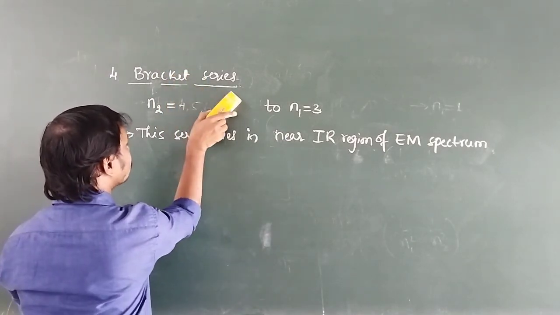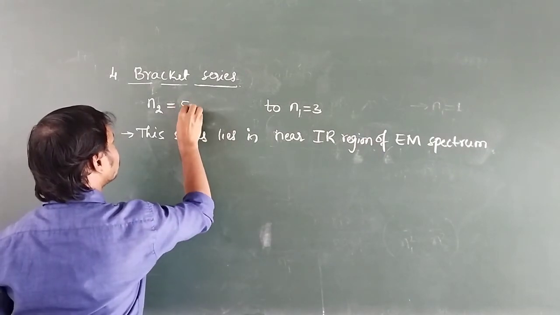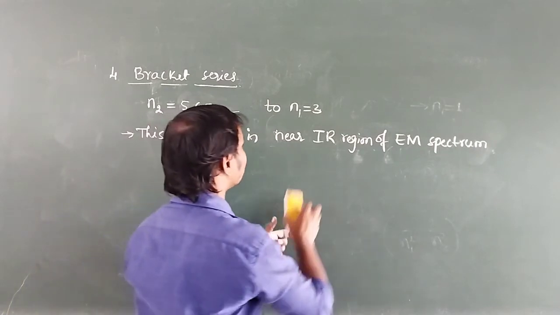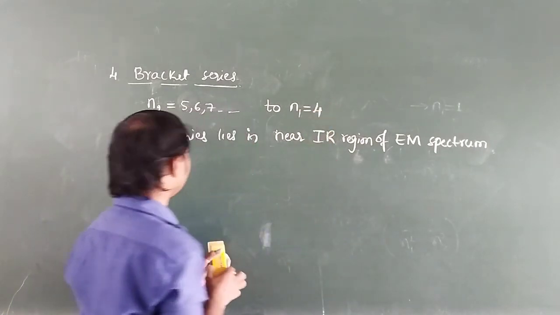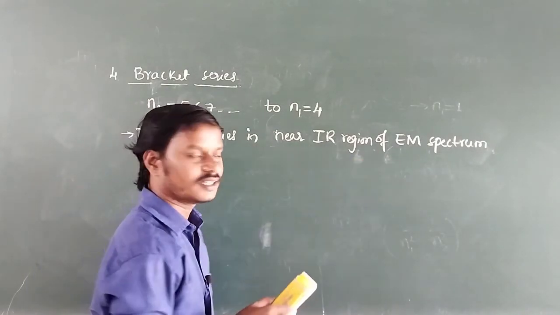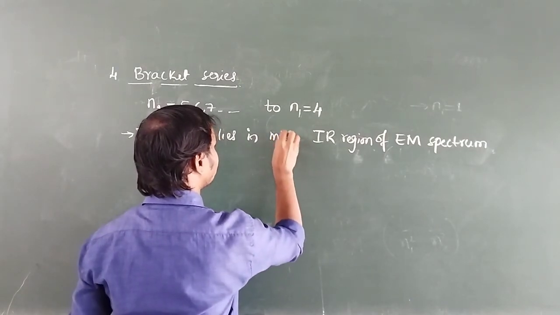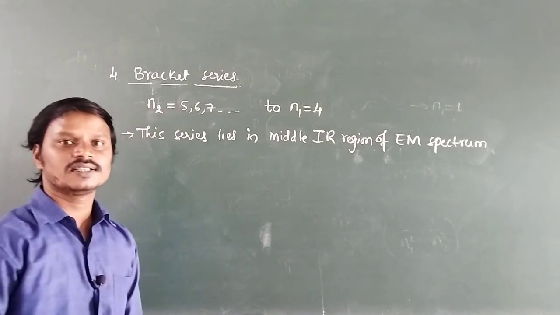That is 5, 6, 7 and so on up to infinity, and here the ground orbit is 4. And this series lies in the middle infrared region of the electromagnetic spectrum.